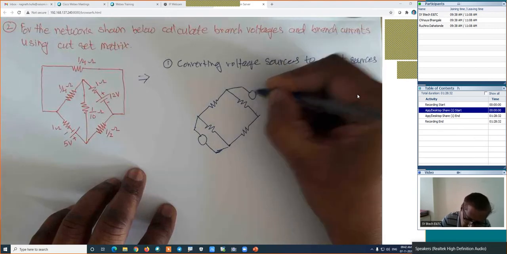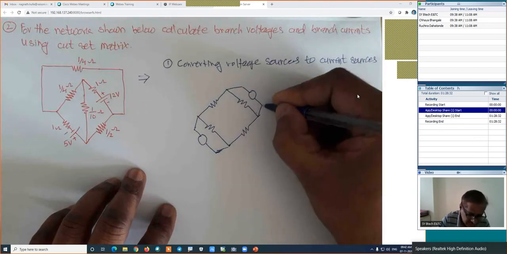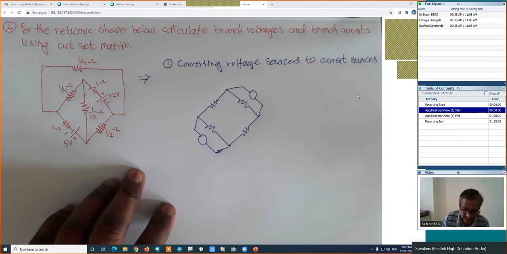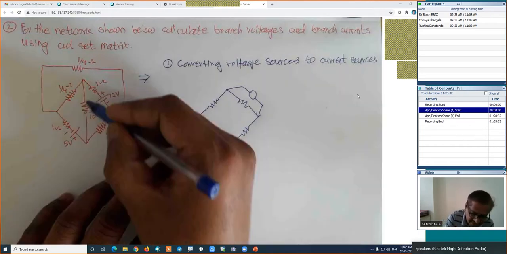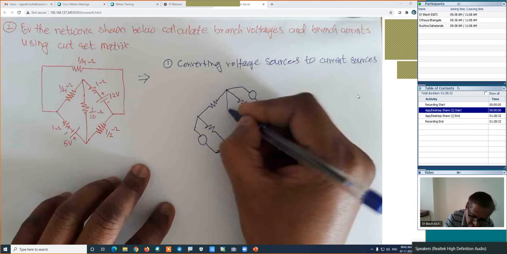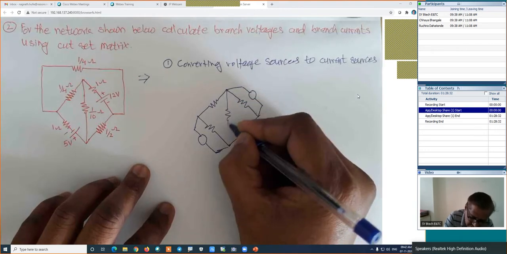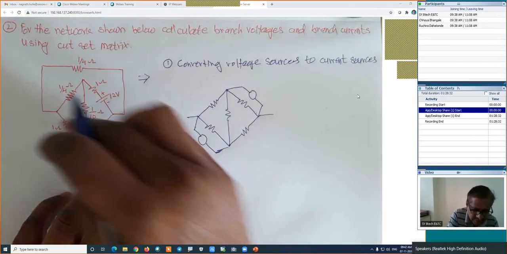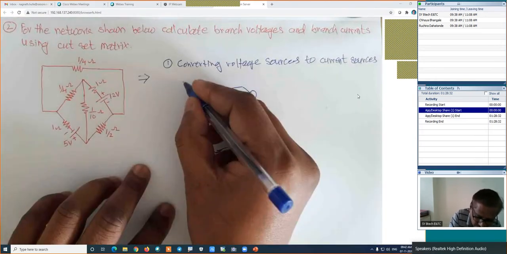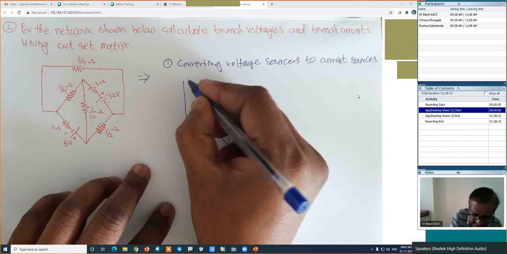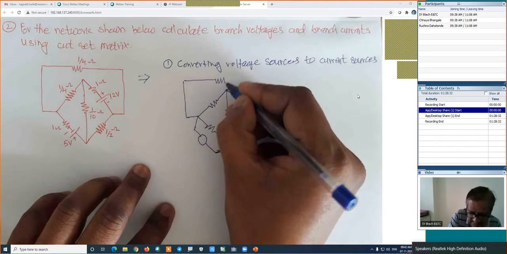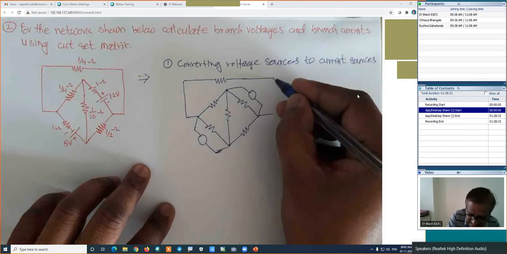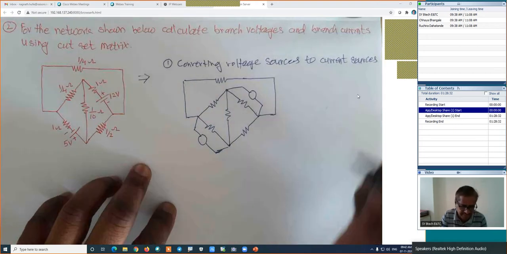The figure will be something like this. At the same time, I will keep this resistance as it is, which is 1 by 10 ohm, this resistance as it is. And finally, I will redraw this outer resistance as it is. This will be the figure.